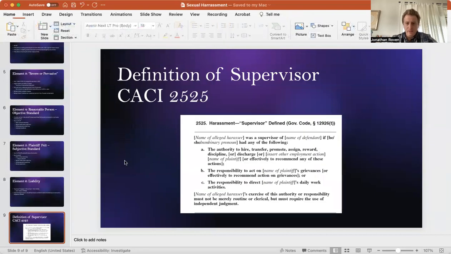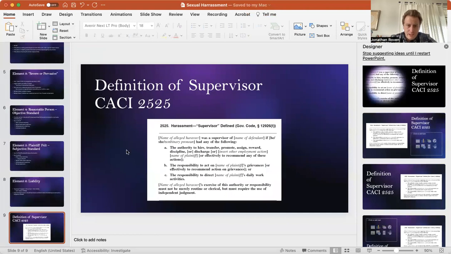So here's the definition: that a supervisor has the authority to hire, transfer, promote, assign, reward, discipline, or discharge, or effectively recommend any of these actions. The responsibility to act on a plaintiff's grievances or effectively recommend action on the grievances, or responsibility to affect the plaintiff's daily work activities. And their authority or responsibility must not be routine or clerical, but must require the use of independent judgment.